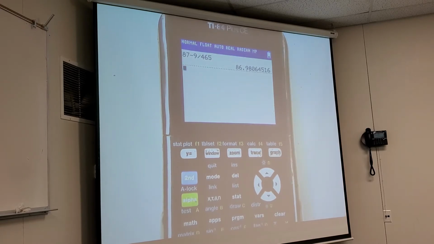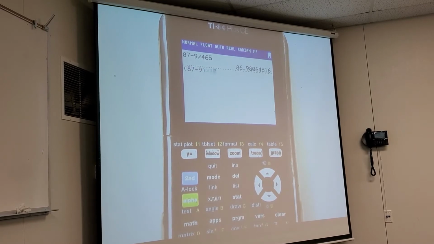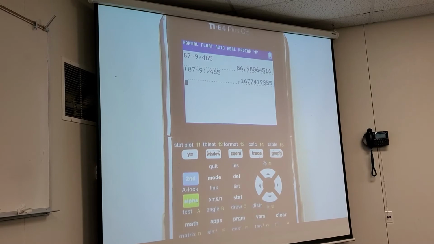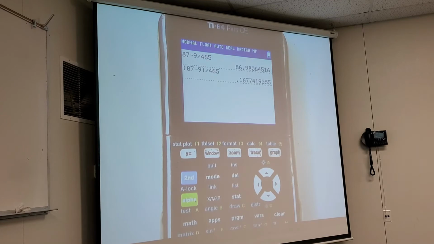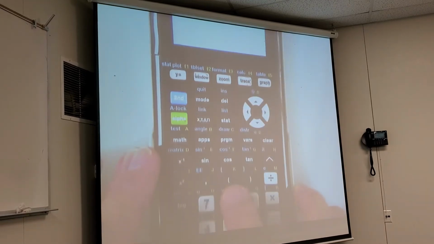So let's try that out. Parenthesis, 87 minus 9, close parenthesis, divided by 465. And you get that answer. So again, here's parentheses, right?